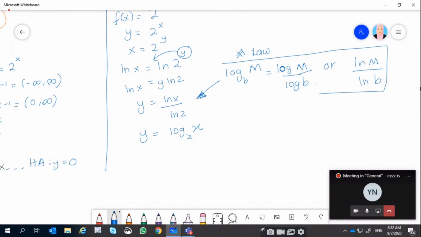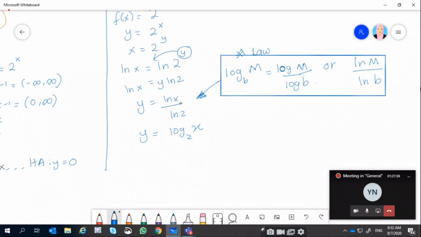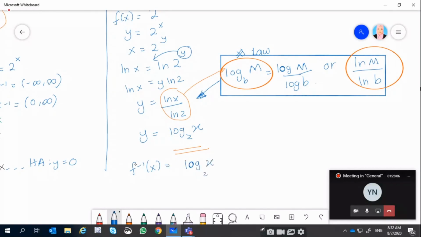Now you have ln x over ln 2, so by using this, it is also equivalent to log x with base 2. Okay, I understand now. So the f inverse of x is equal to log x base 2. This is how to find f inverse when given an exponential function.